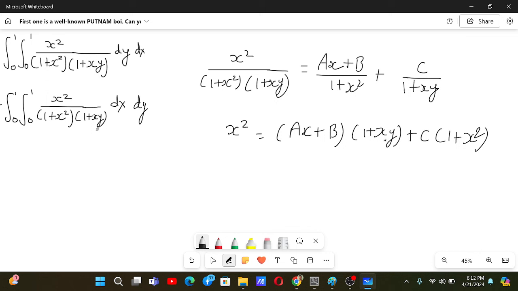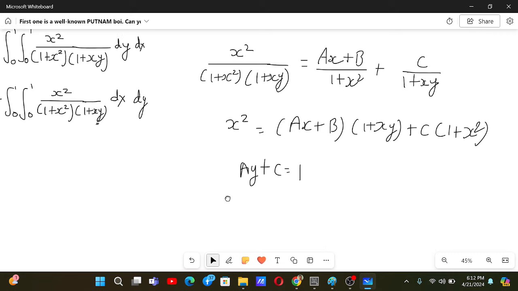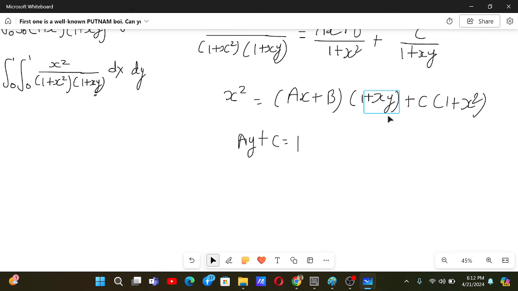Okay, so if we compare the coefficient of x squared, we will have ay plus c is equal to 1. Is it? Do we have ay plus c equal to 1? Yeah, we have.